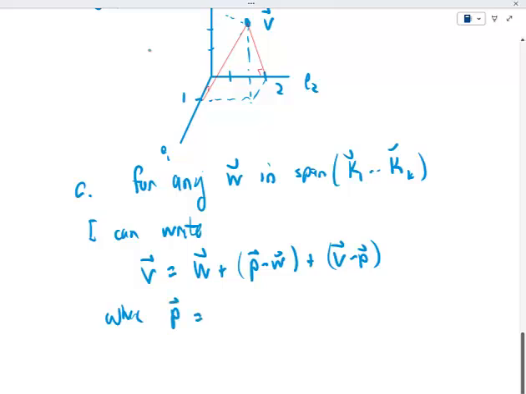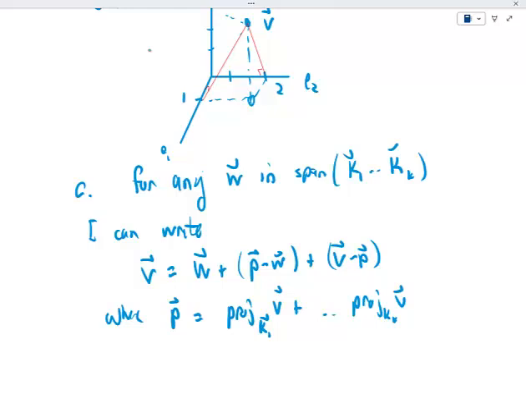So it's equal to the projection onto kappa 1 of V plus projection onto kappa K of V. All right. So in fact, that's the point here. That's the point we're going to show as the closest point to V on the plane.